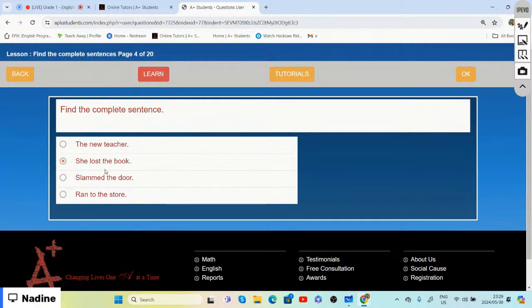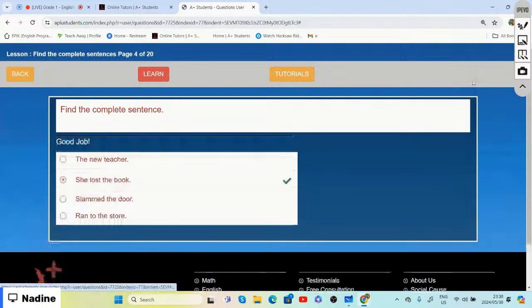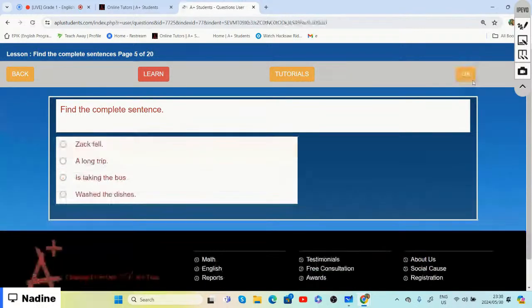So the new teacher, she lost the book, slammed the door, ran to the store, and we chose the correct one, which is she lost the book, meaning she is our naming part, lost the book is our action part. Right? So the correct one is she lost the book because she is our naming part and the rest is our action part.